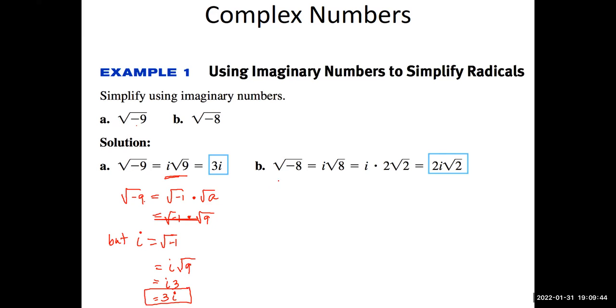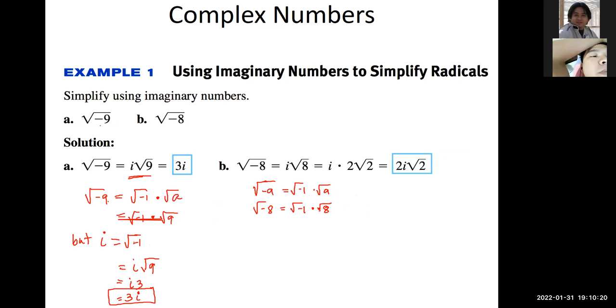So similarly, with the square root of negative 8, again we follow that the square root of negative A is equal to the square root of negative 1 multiplied by the square root of A. So negative 8 is equal to the square root of negative 1 multiplied by the square root of 8.